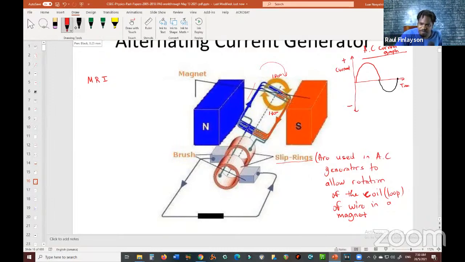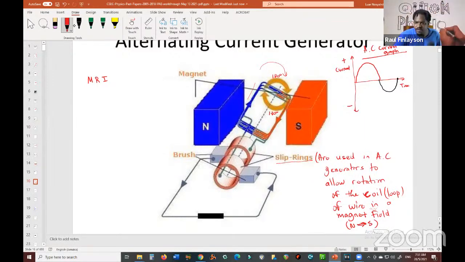The slip rings allow that 360-degree rotation using generators, allowing rotation of the coil of wire in a magnetic field. That would be the rest of it. In a magnetic field, the direction of the field is from the North Pole to the South Pole. All right, so that's it, North to South Pole.